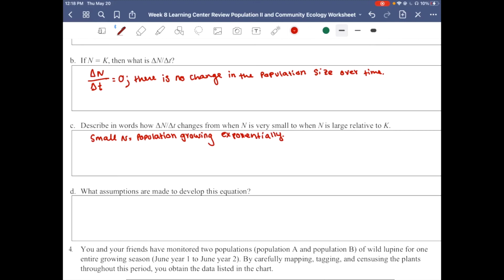So another way to make sense of that is, when n is going closer and closer to k, then the change in the population is smaller.